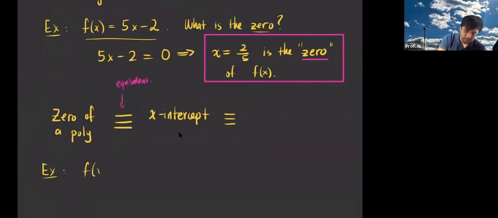What if I have the polynomial function x² plus x minus 6? What would be the zeros? Here I have more than one.